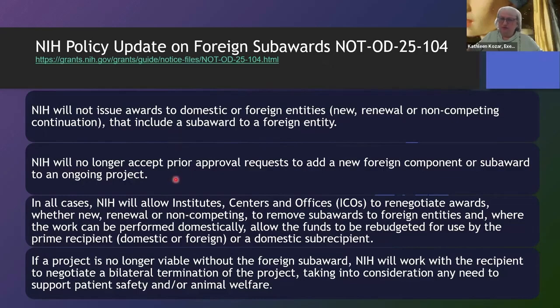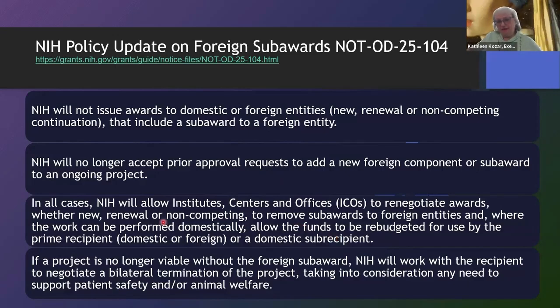They're no longer going to accept prior approval requests to add a foreign component or subaward to an ongoing project. In all cases, and this is something that we're struggling with right now at Tulane, we've got 24 active foreign subawards that we're trying to figure out and guide faculty on what to do about this.